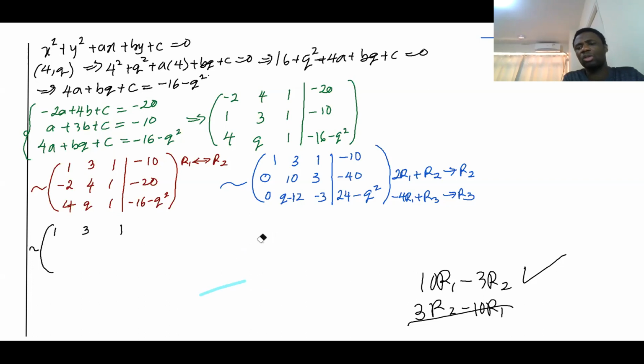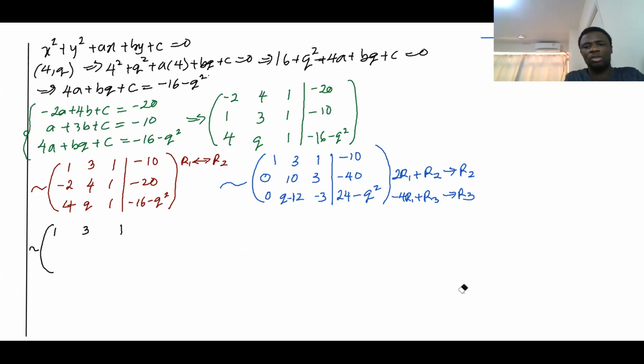And in the previous one, we could have done that as well. Instead of trying to get 1 here or 0 here, we can't get 0 here. We should have multiplied by 1/10. So 0, this will be 1 when you do 1/10, and this is 3/10.